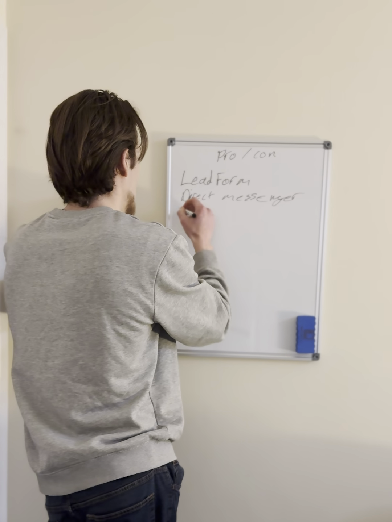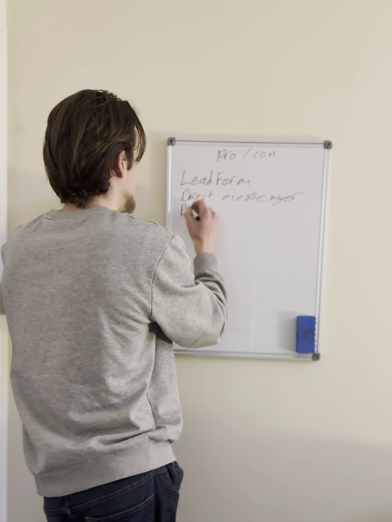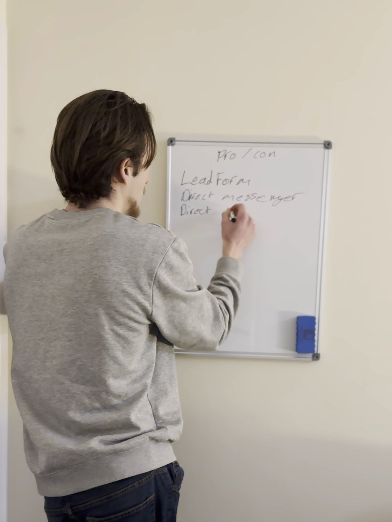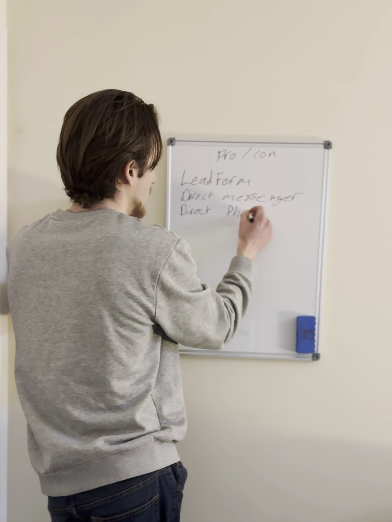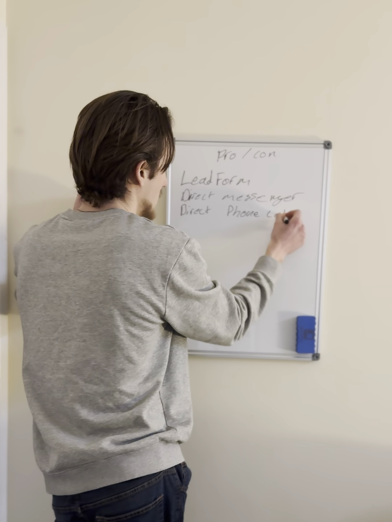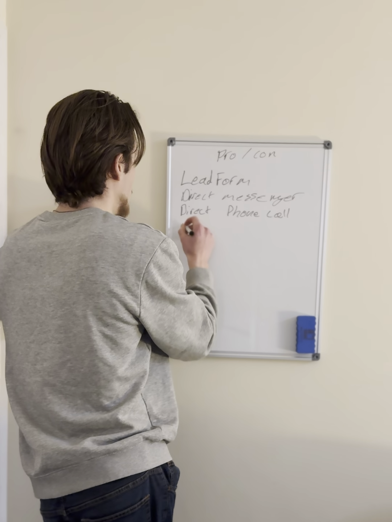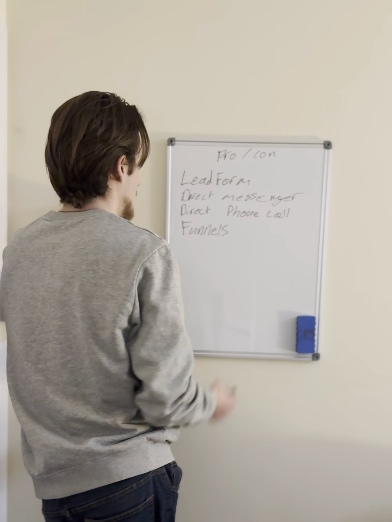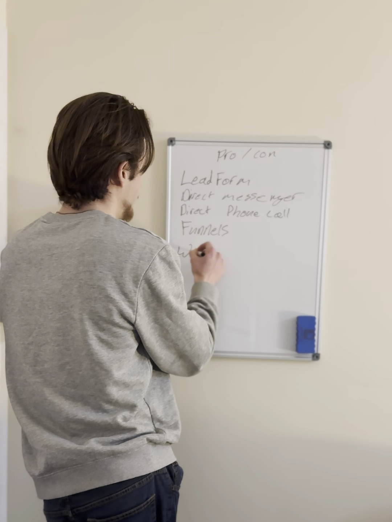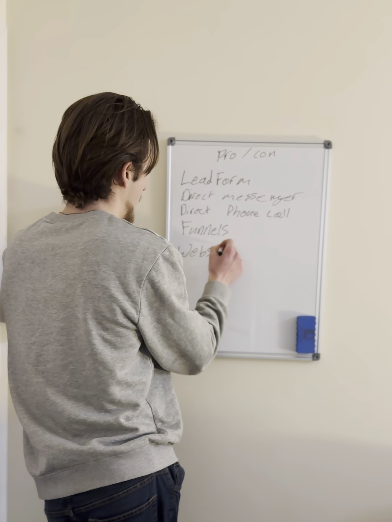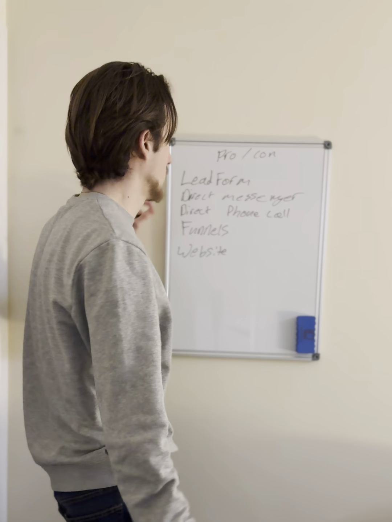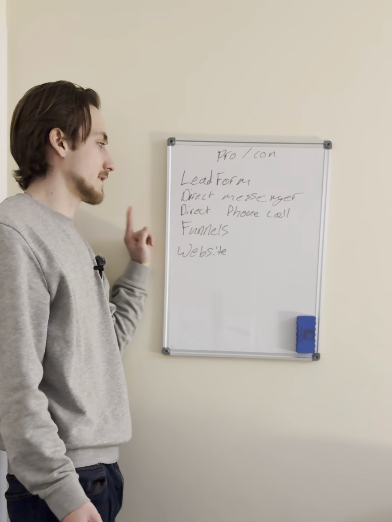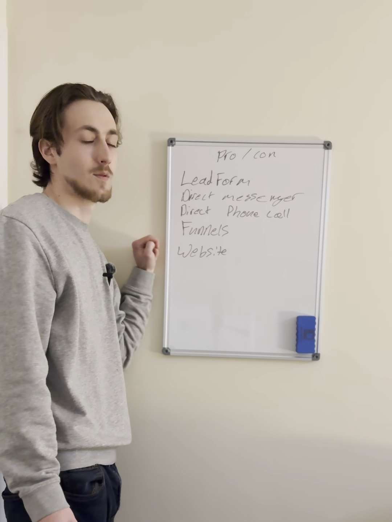Direct to phone call. All right, and then you've also got funnels, and then you've also got a website. And those are the main ones. So you've got lead form, direct messenger, direct phone call, funnels, and website.